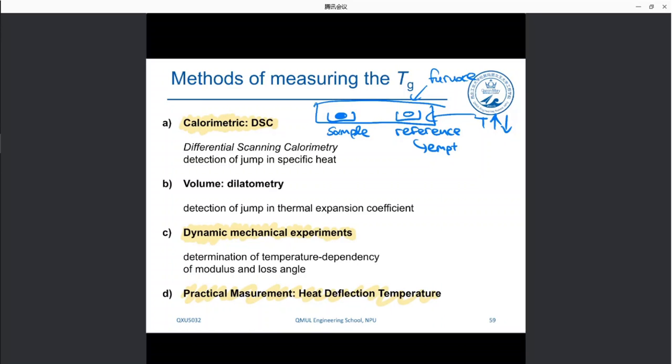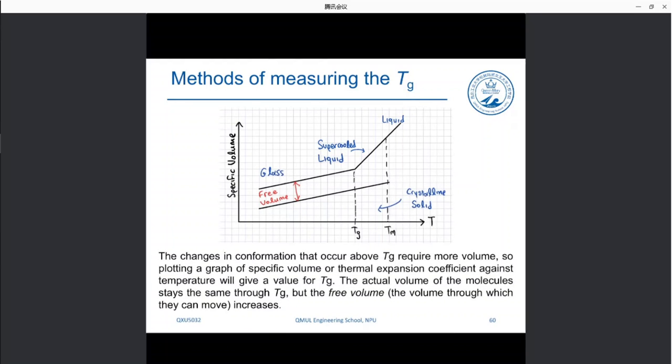A dilatometer is a very old school measurement. We will not be focusing a lot on this. It's just a matter of using the volume values for the evaluation of the glass transition temperature.